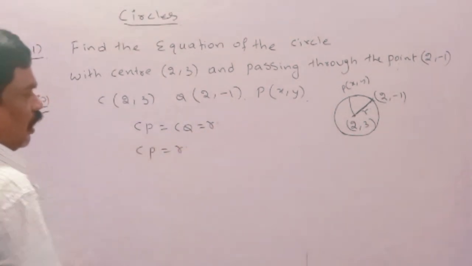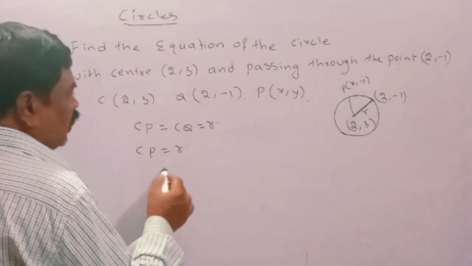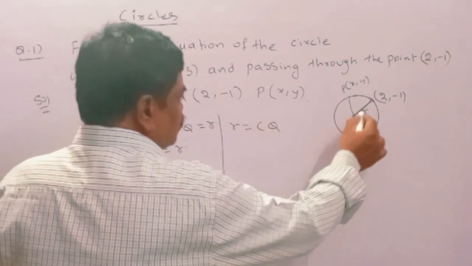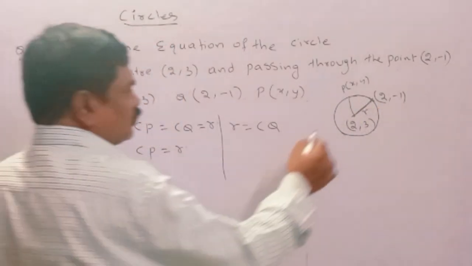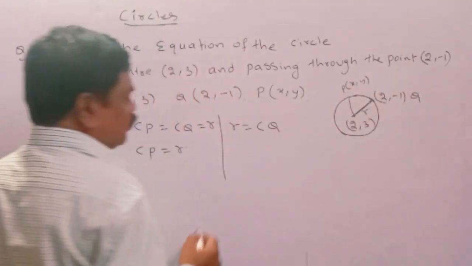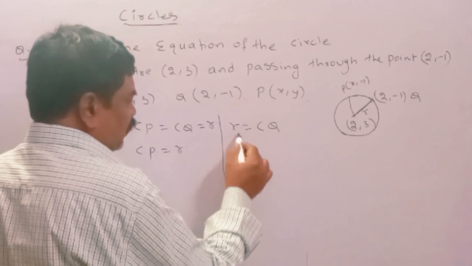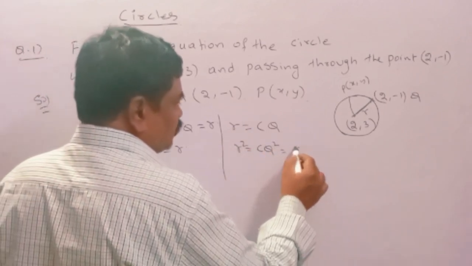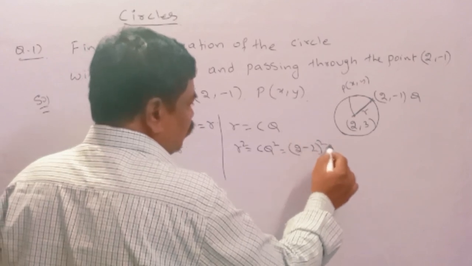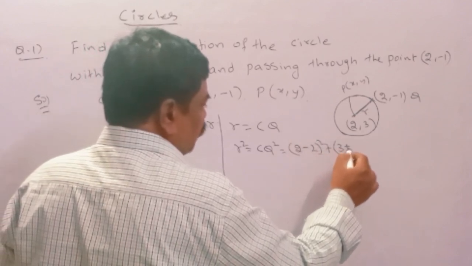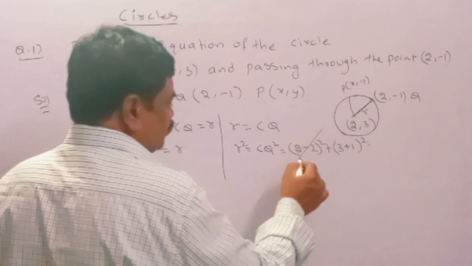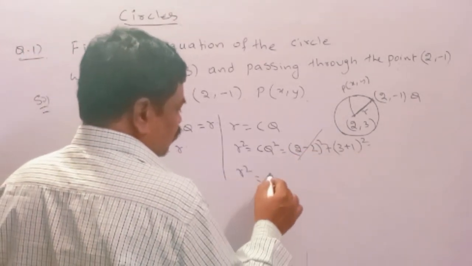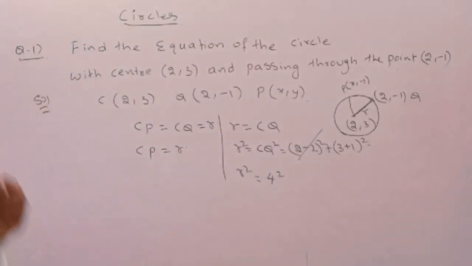So what is r? r is the distance between these two points C and Q. So r square is equal to CQ square, that is (2 minus 2) whole square plus (3 plus 1) whole square. This is 0, so r square is equal to (3 plus 1) whole square, that is 4 square. Okay.